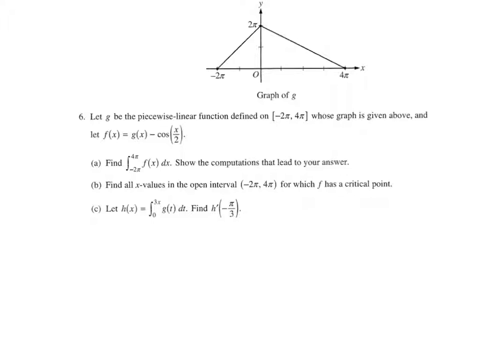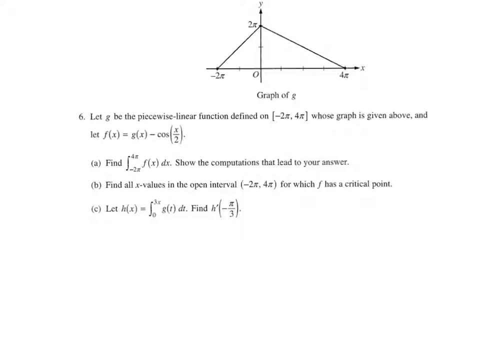Well, first of all, don't forget that one critical point is at 0, because the derivative of g of x is going to be undefined at 0. It's a limit: as you come from the left, the limit is 1, and as you come from the right, the limit is negative 1/2.